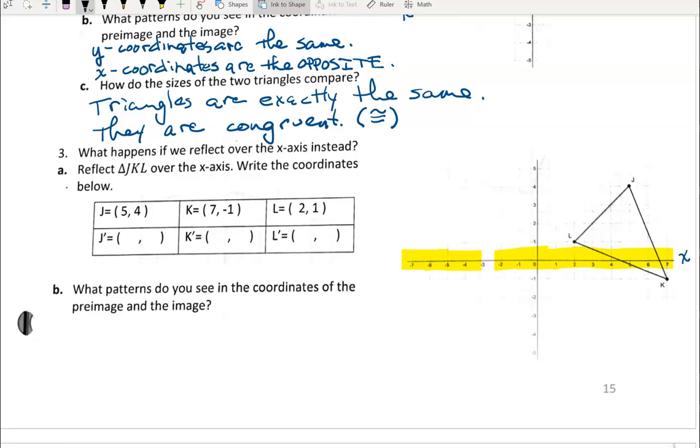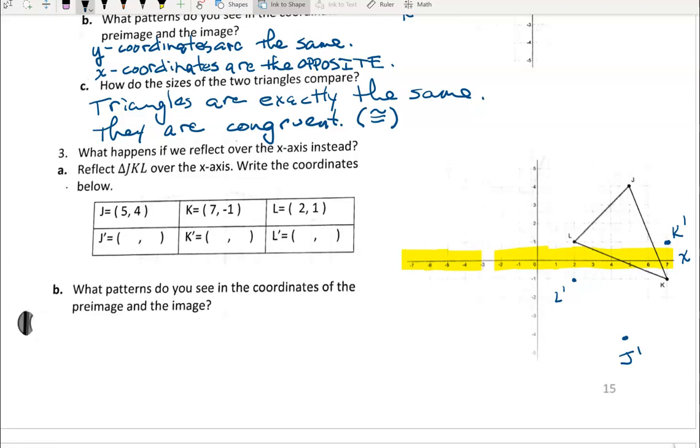So L is 1 unit away from the x-axis above, so we're going to move it down, so that's going to be L prime. And K is 4 units above, so now we're going to move it 4 units below, so that's J prime. Now K is 1 unit below, so now we're going to move it 1 unit above, so that's going to be K prime.